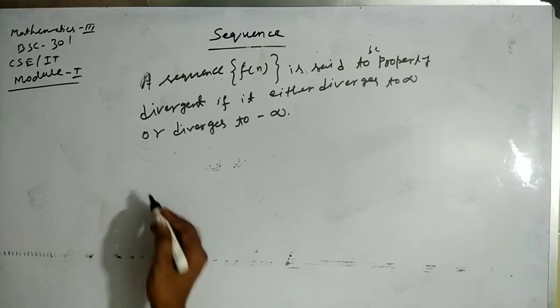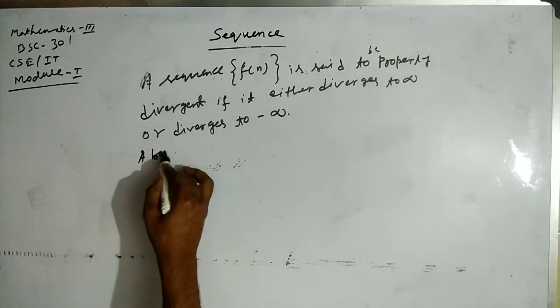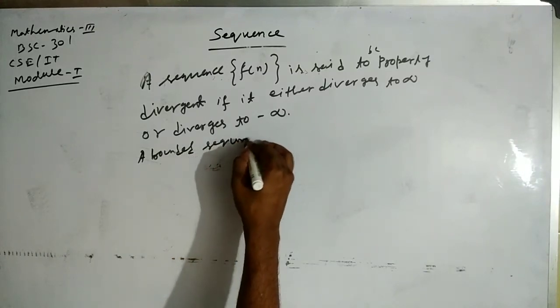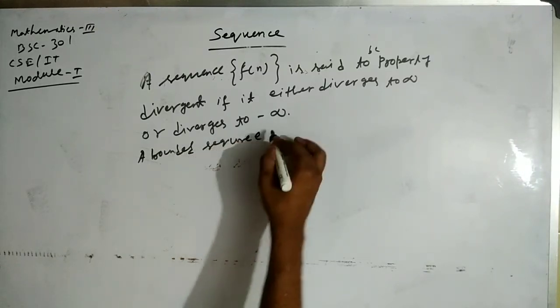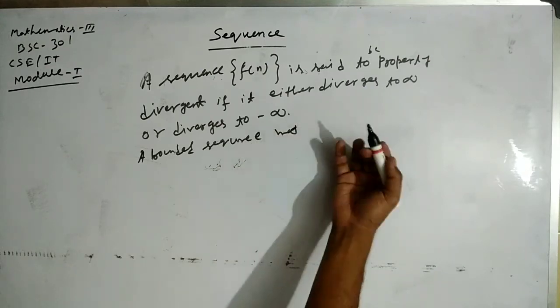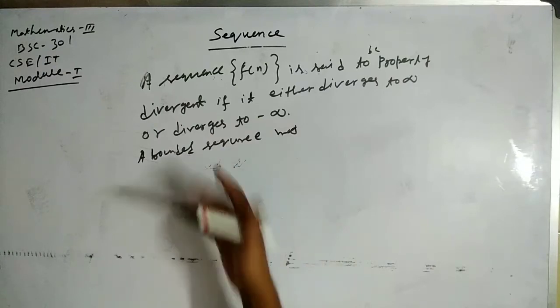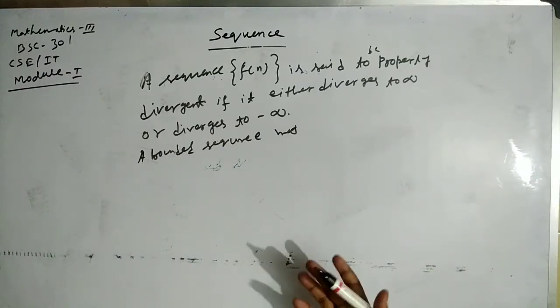Now a bounded sequence may not be convergent. Okay, we have seen it before.